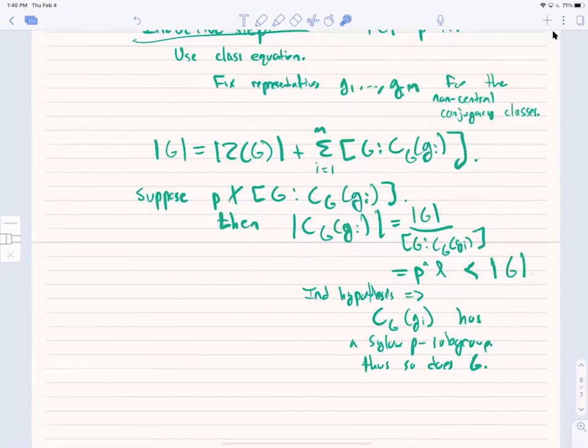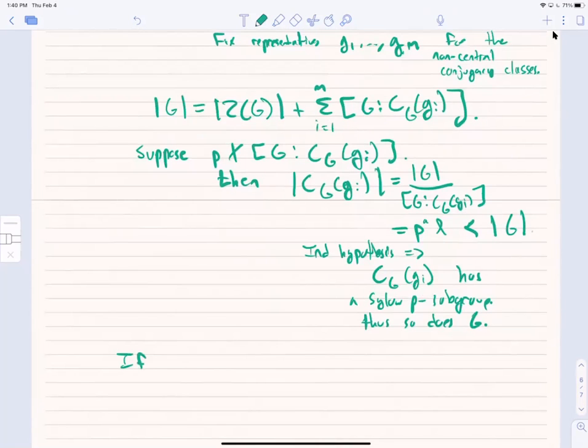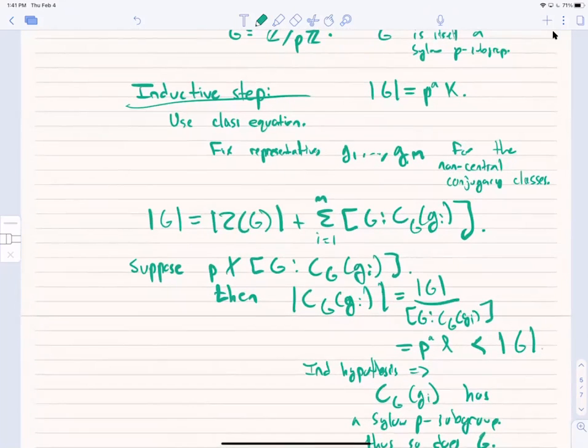If P doesn't divide any one of these orders, then we're done. On the other hand, if P divides all these orders, for all i, well then, since P divides the order of G, and let me assume A is greater than or equal to 1 here.